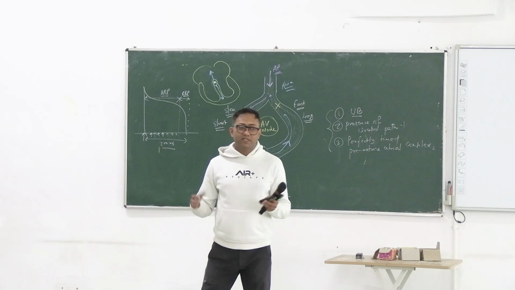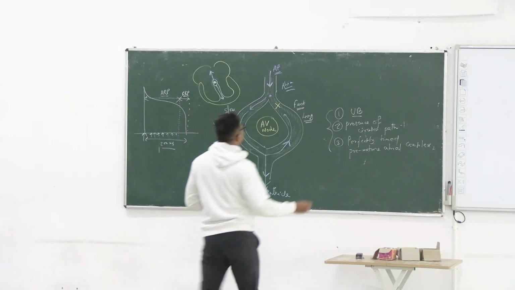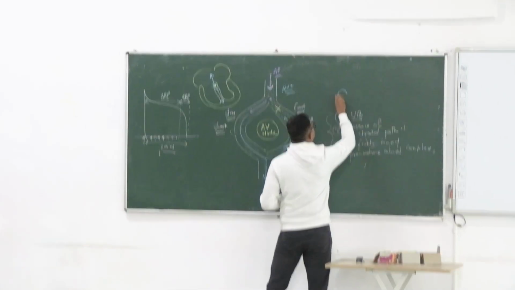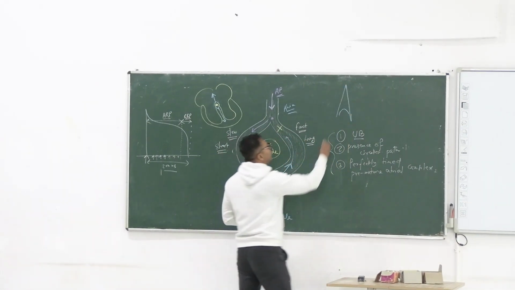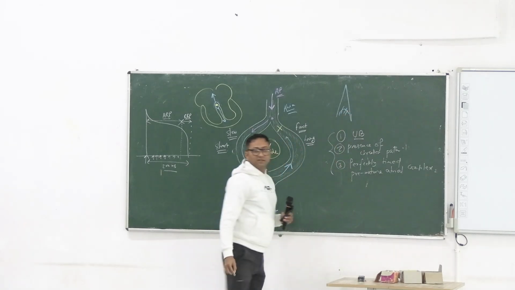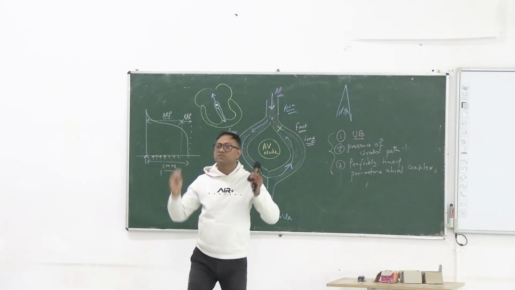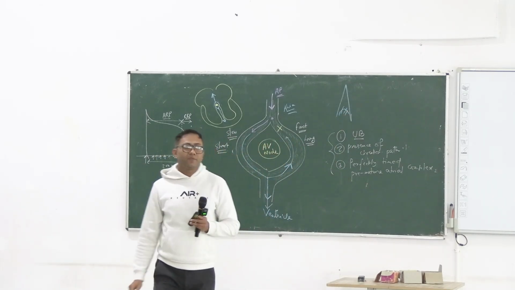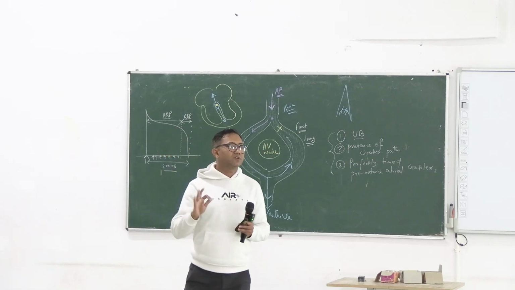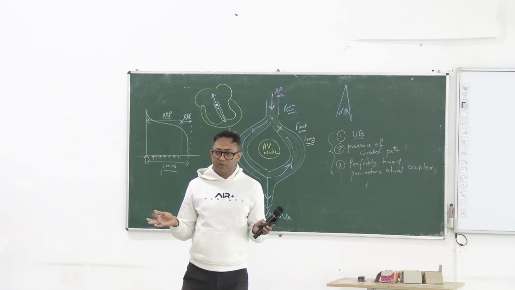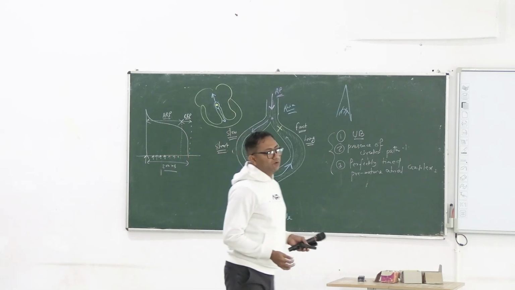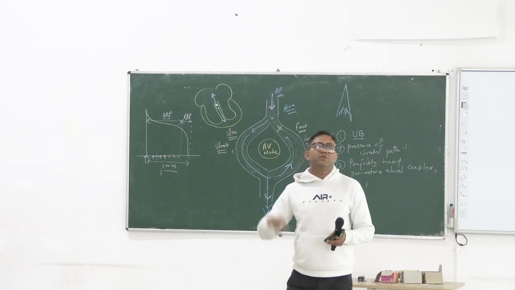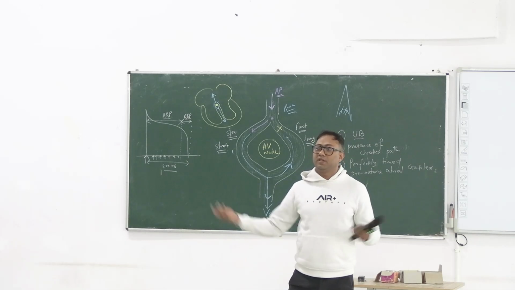So if you get a P wave and QRS complex together, ideally the P wave will not be seen. The P wave is covered under the QRS complex and you are not able to identify the P wave separately. On the ECG, you see only QRS, QRS, QRS, QRS, QRS, no P.